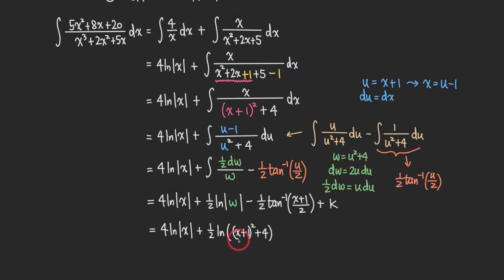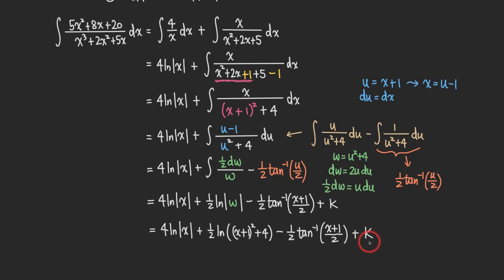And then, so it's something squared plus 4. What is that something? That u is x plus 1, so I put the x plus 1 back in. And then minus 1/2 tangent inverse of x plus 1 over 2. And then plus k. And then we're finished with this problem.